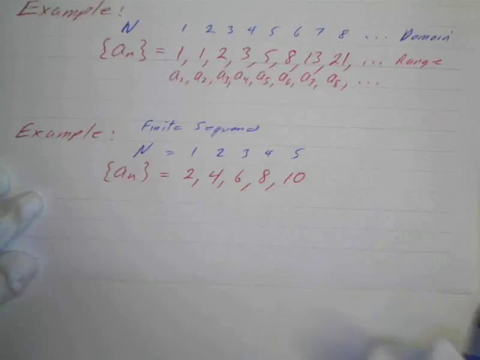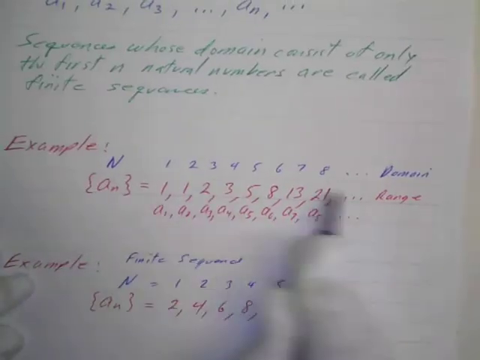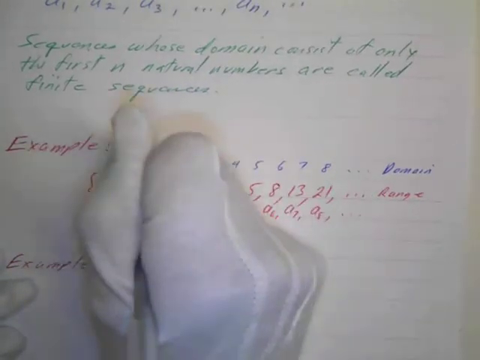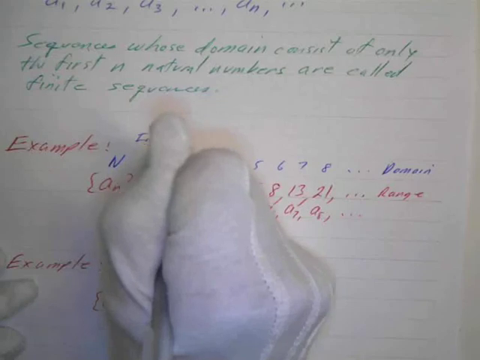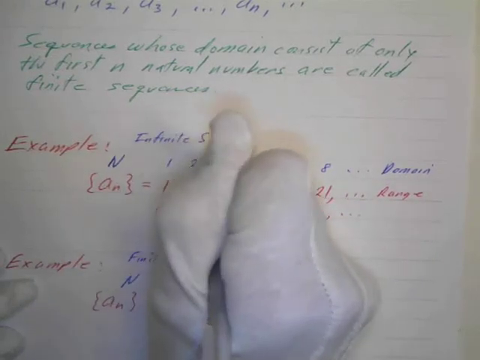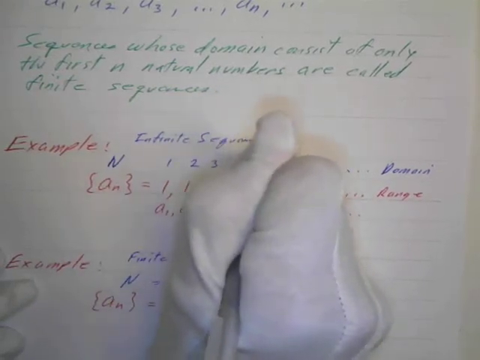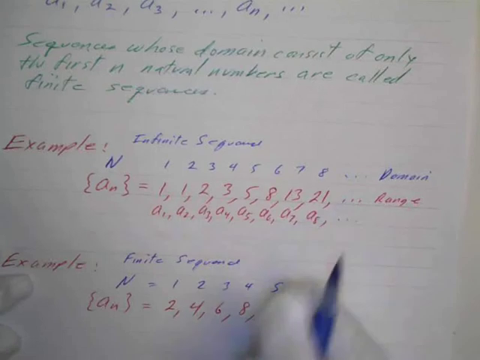In other words, you can count the number of terms. This is an infinite sequence. You can't count the number of terms. Keeps going on and on forever. This only has 5 terms.